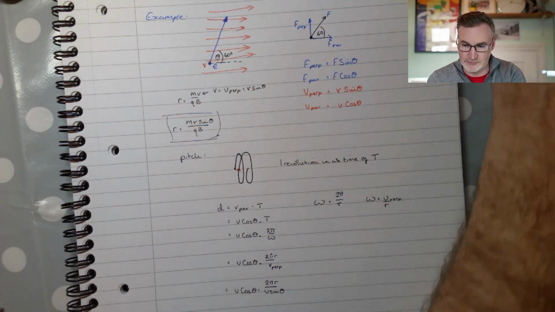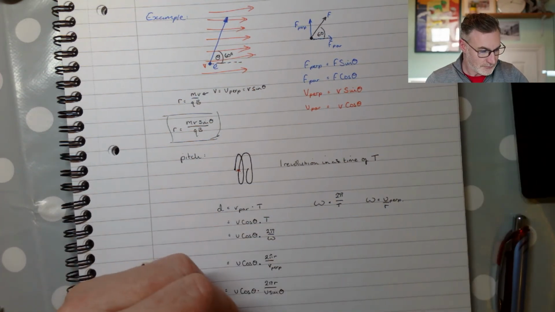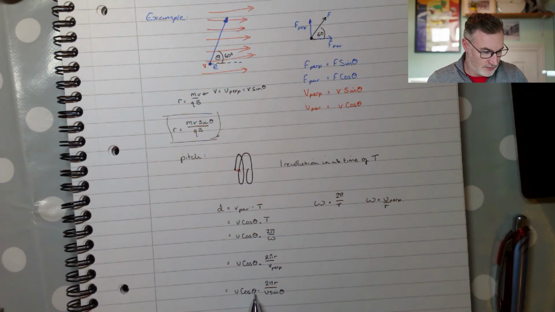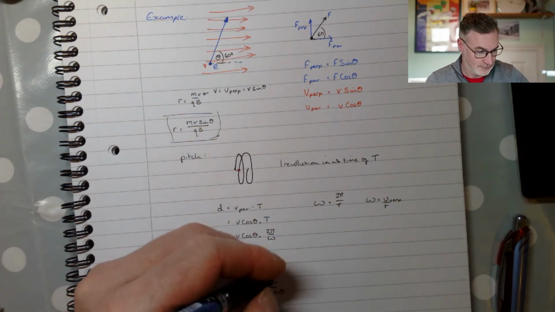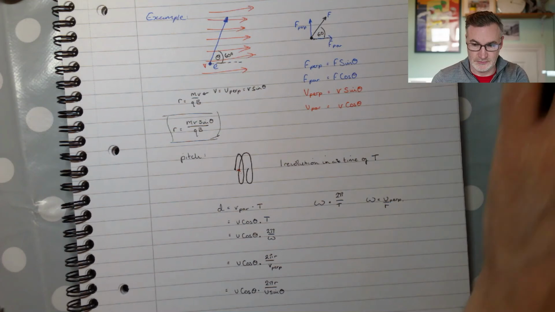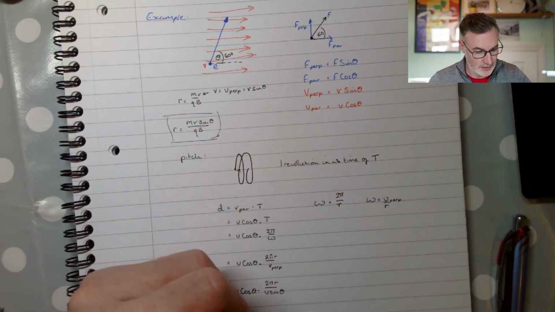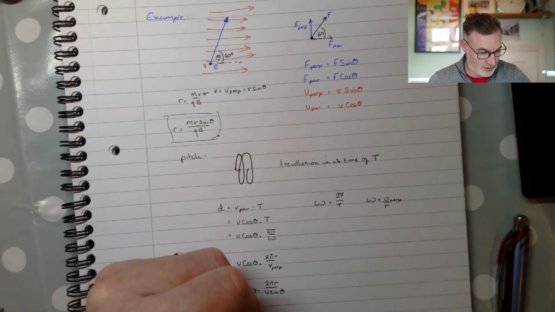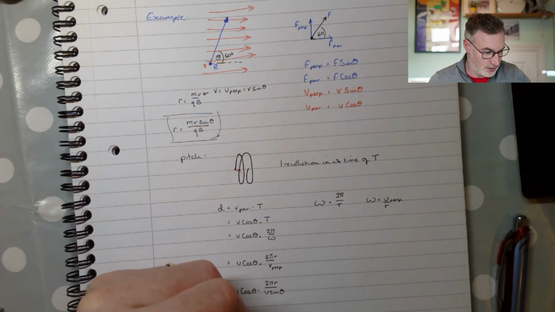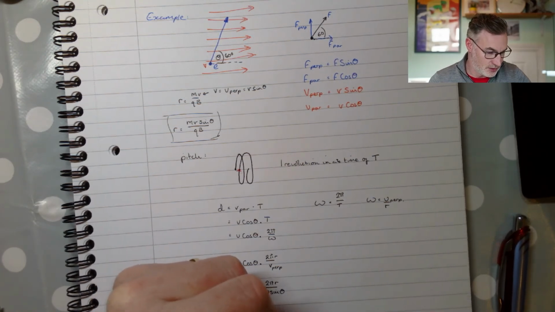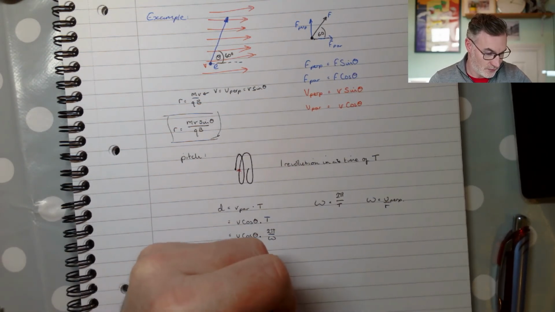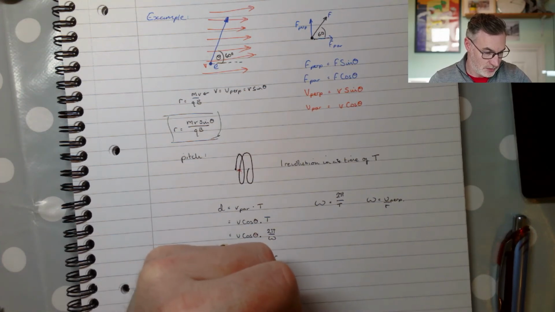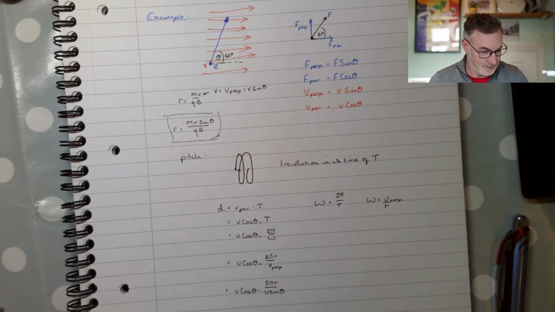And then v cos theta divided by v sine theta would be 1 over tan theta. So this would give us v cos theta over v sine theta times 2 pi r.